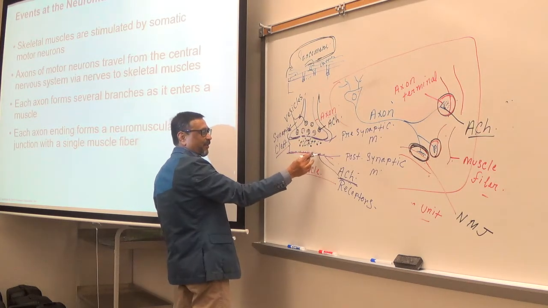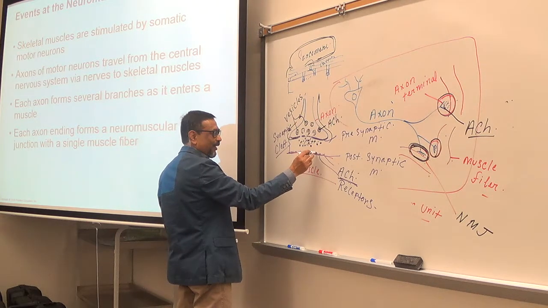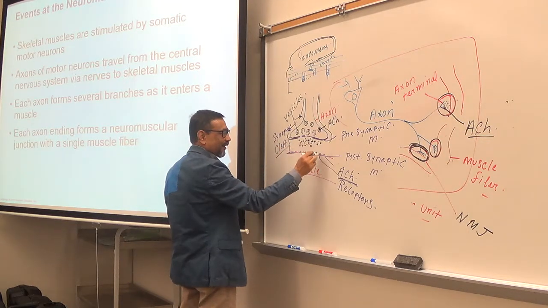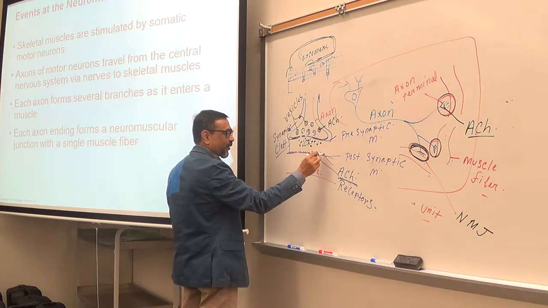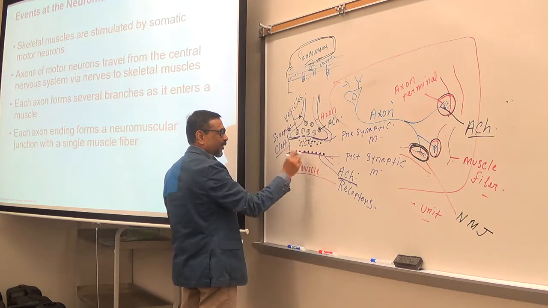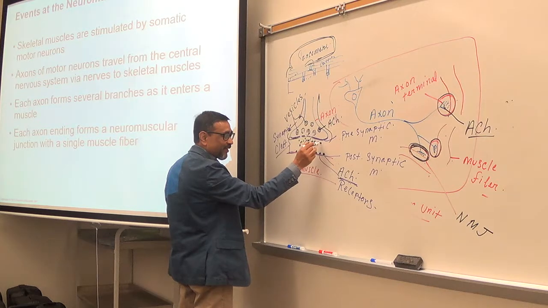And these receptors are waiting for that, okay? These are the receptors. So what will happen? It's like a key and lock. ACH molecules will perfectly fit to these receptors. Because these are ACH receptors, their binding site is perfect for these molecules.